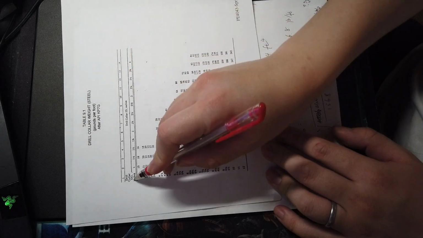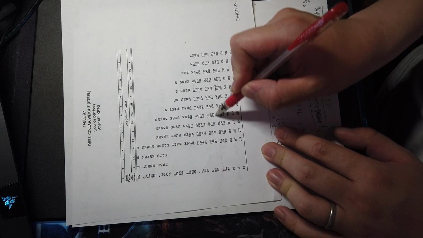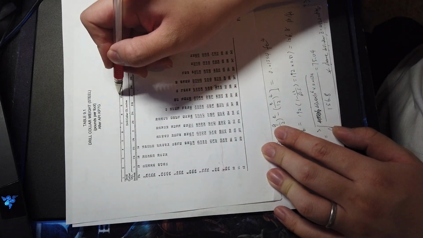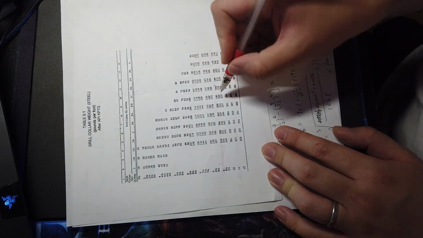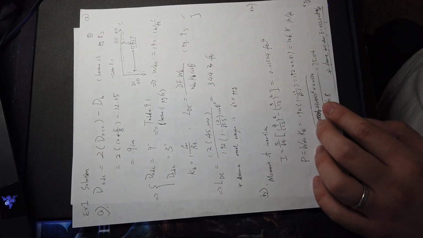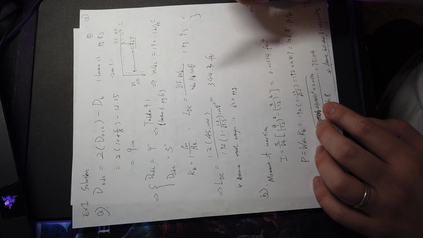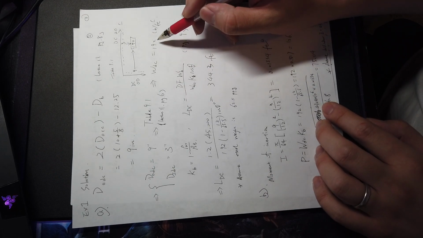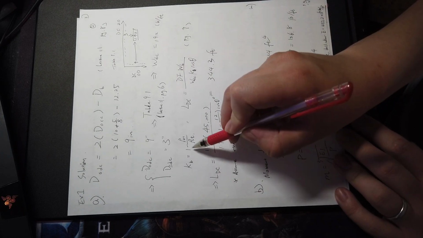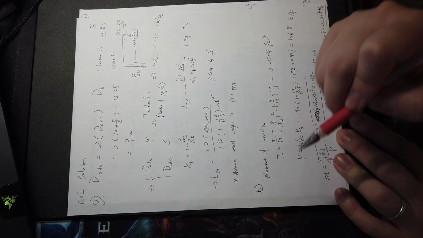Here the drill collar OD is 9 inch and the ID is 3 inch. Then we can find the WDC, which is the weight per foot of the drill collar, is 192 pounds per foot. And then the buoyancy factor is 1 minus rho mud divided by rho steel.